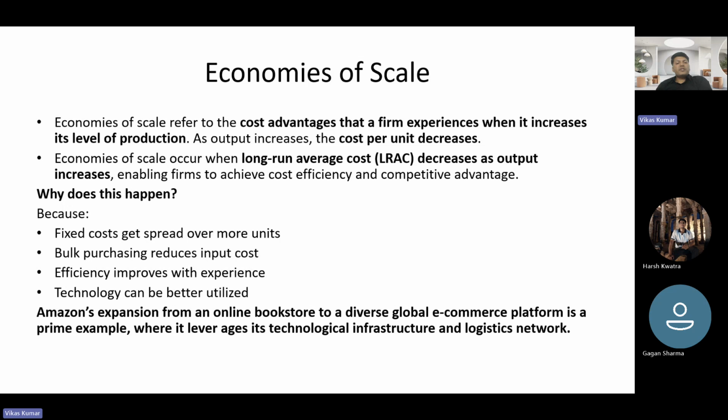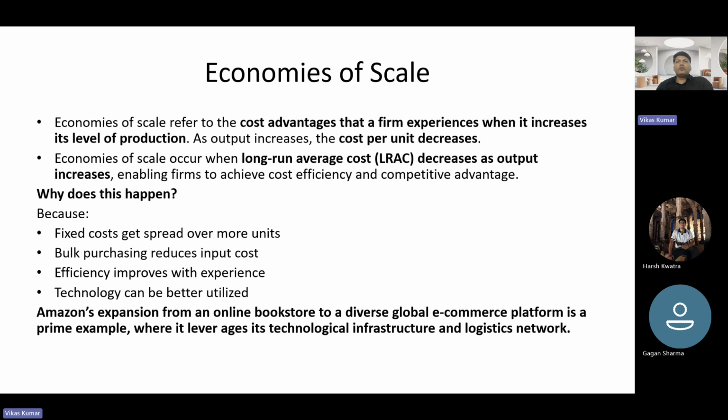Economy of scale occurs when long run average cost, LRAC, decreases as output increases, enabling a firm to achieve cost efficiency and competitive advantage subsequently. Why does this happen? Because fixed costs get spread over more units.